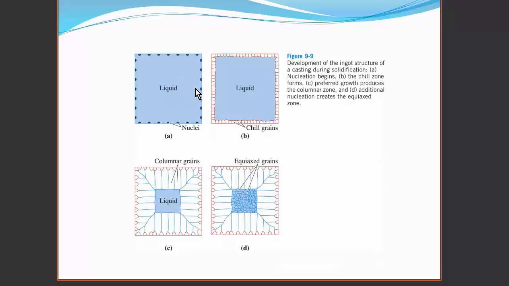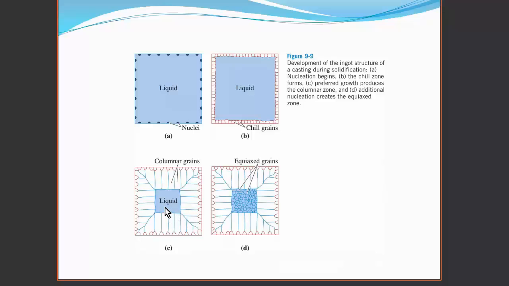When the melt is poured into the mold, the surface is cooler and hence nucleation will occur in that region. The nucleation at the surface causes the formation of randomly orientated grains, and in the thermal gradient certain crystallographic directions will be picked out and grow into what are called columnar grains.